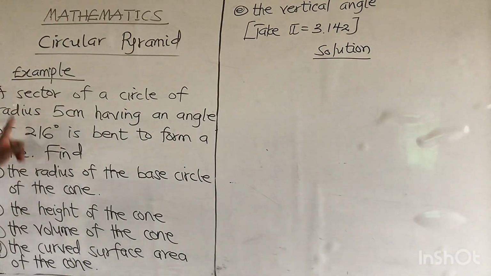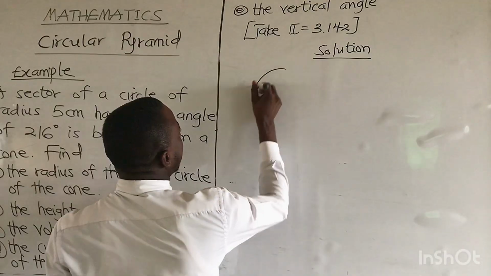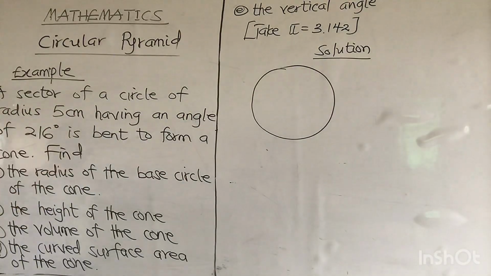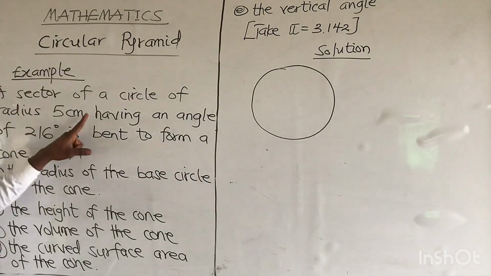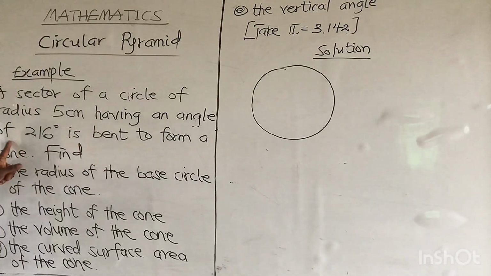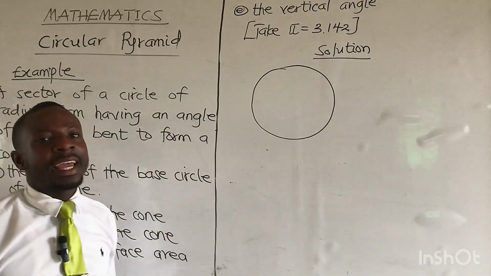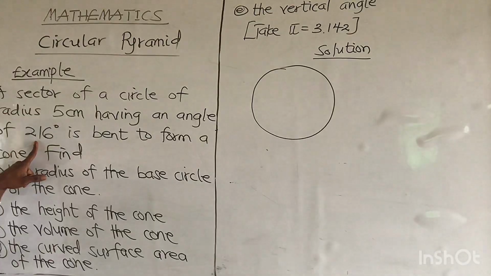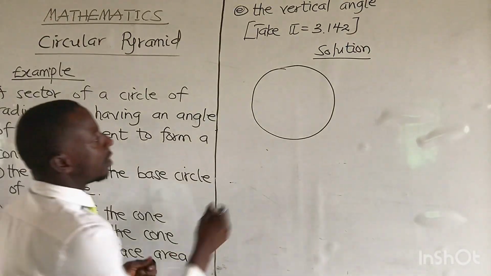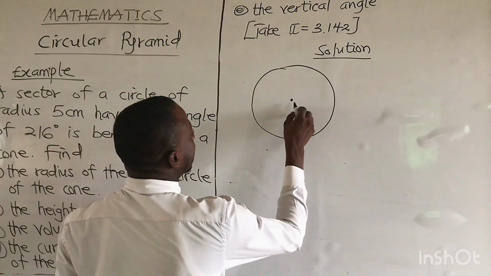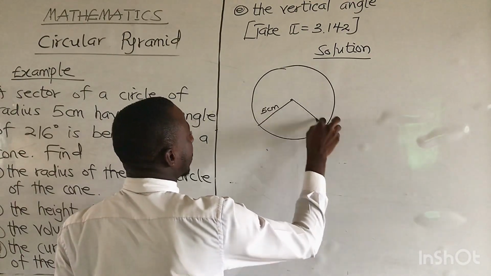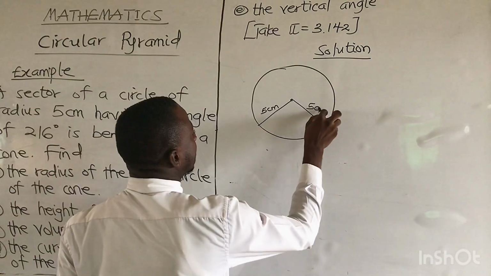Now the question said a sector of a circle. So let me draw a circle here. Radius 5 centimeters having an angle of 216 degrees. This means that the sector is a major sector. So I will take this one to be my center. We have radius 5 centimeters, another radius 5 centimeters.